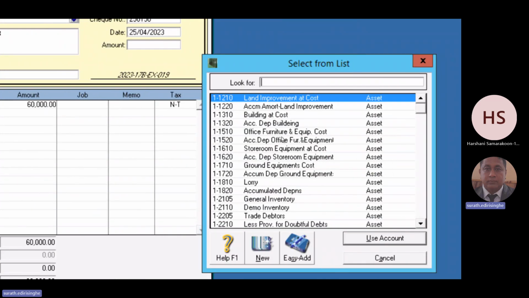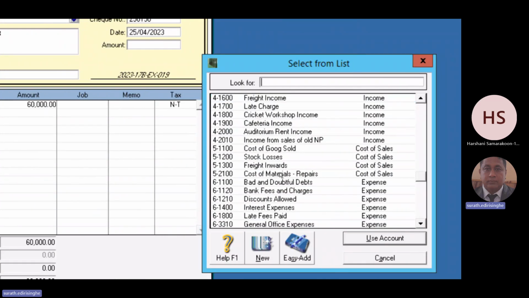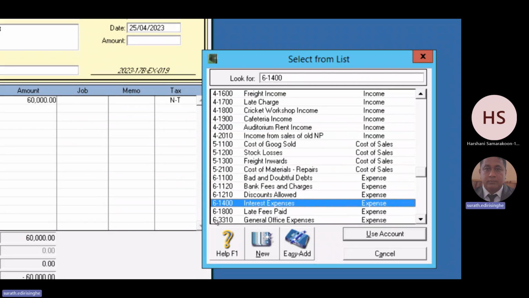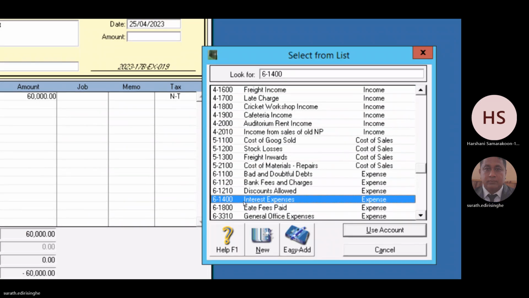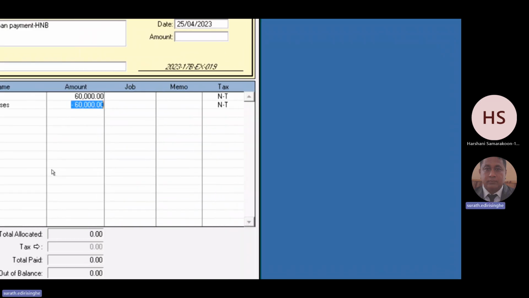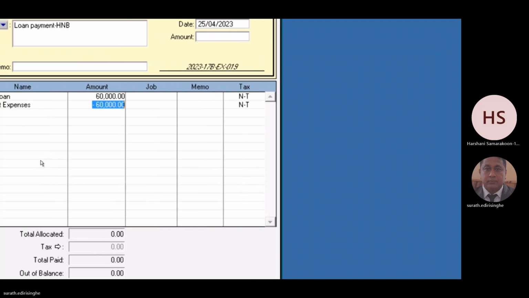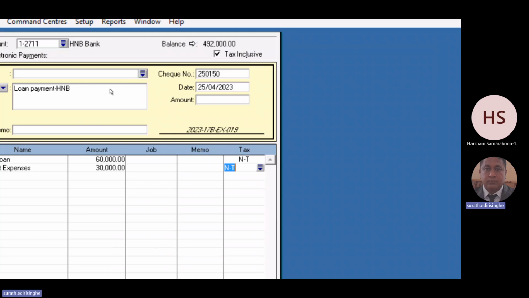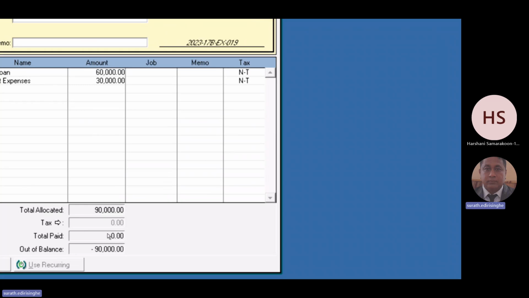Under the other expenses, interest payment. How much? 30,000. Not liable. Then click on here, amount 90,000. Tab.